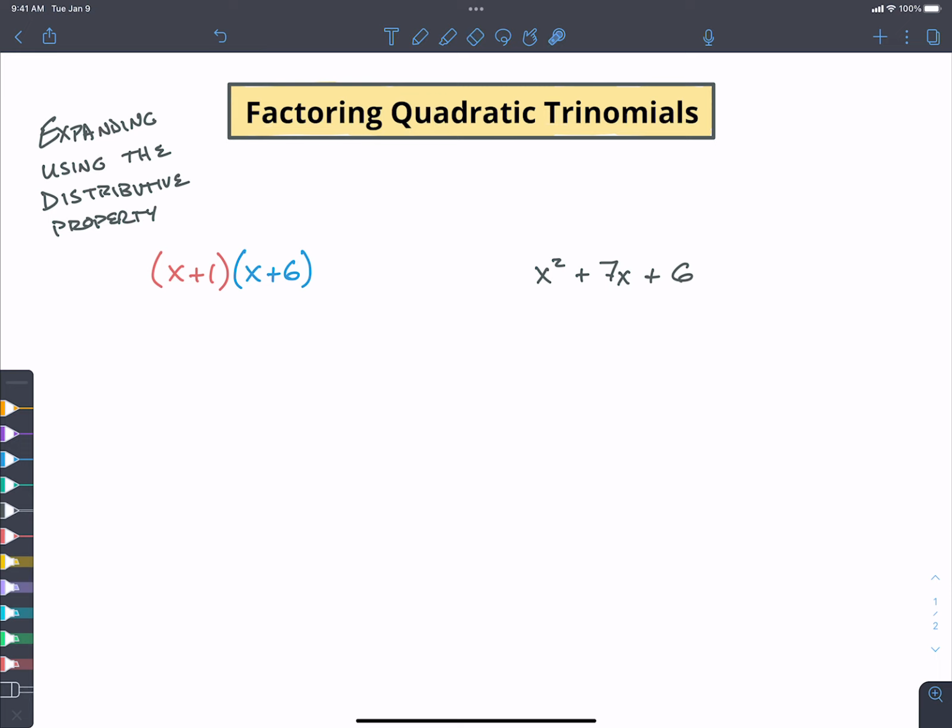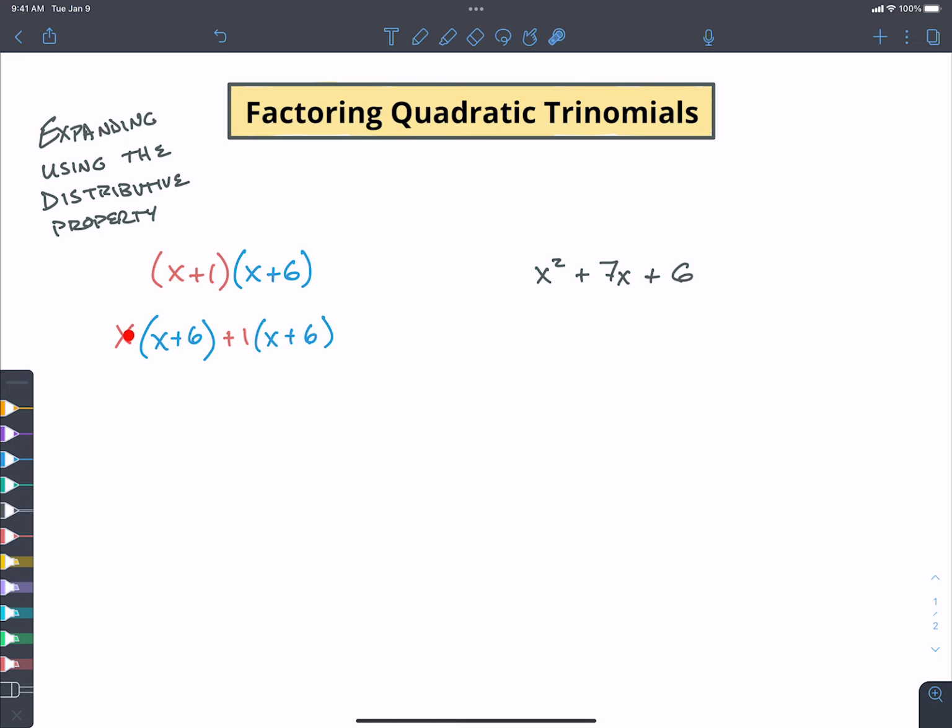So if you recall from the previous video, when we expanded using the distributive property, we broke this parentheses apart. You could really break either one of them apart, but we had x out here, and then we had x plus 6 here, and then we multiplied by a positive 1, and we multiplied that positive 1 by x plus 6 as well.